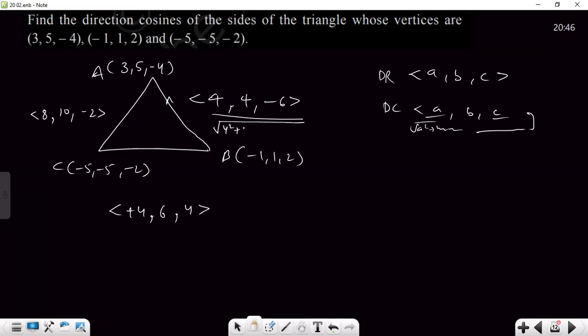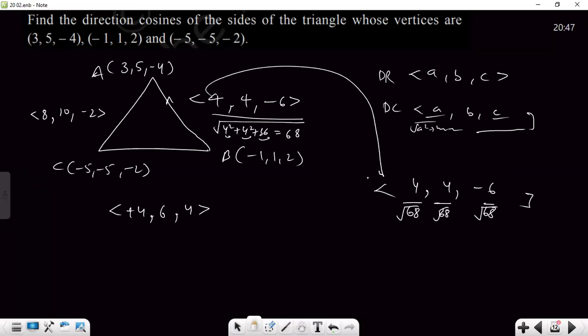So 4 square plus 4 square plus 6 square, that is 16 plus 16 plus 36, so 32 plus 36, 68. So 4, 4, minus 6 divided by square root of 68. These are the direction cosines of one side.